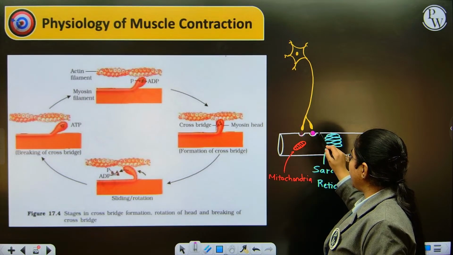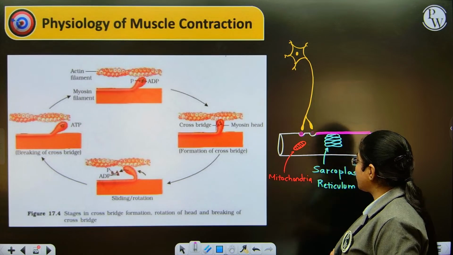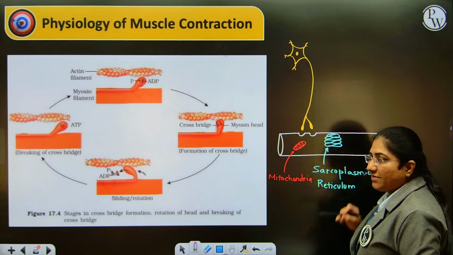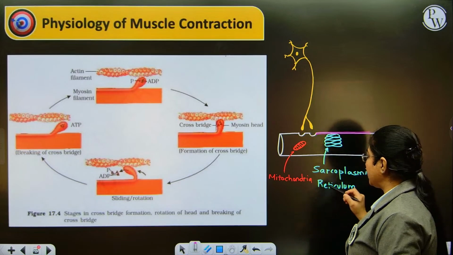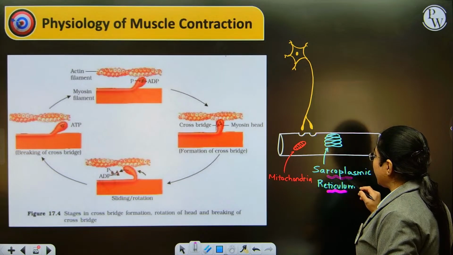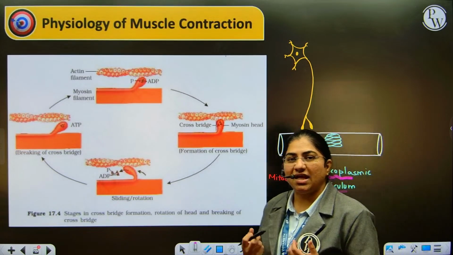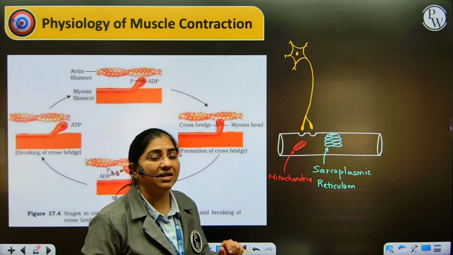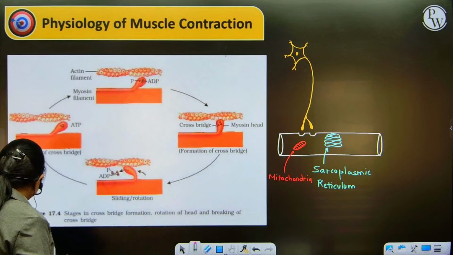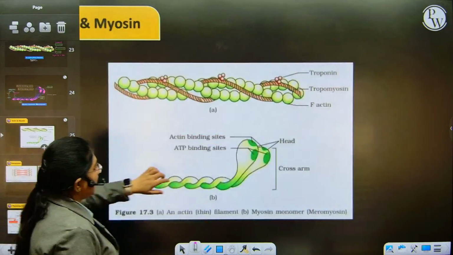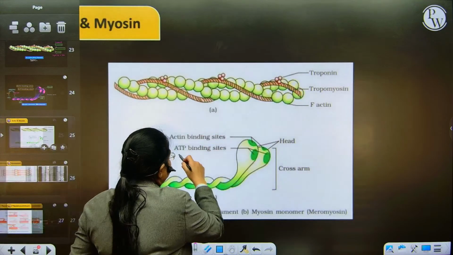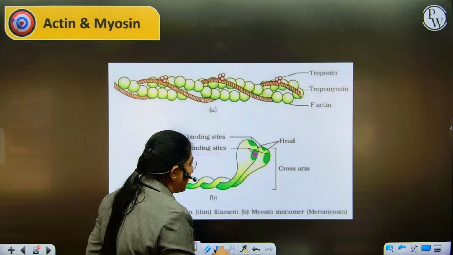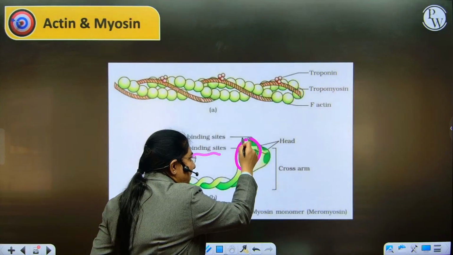Once this takes place, it causes depolarization of the muscle cell. Once depolarization of the muscle cell takes place, the sarcoplasmic reticulum, which is the storehouse of calcium, releases calcium. Simultaneously, mitochondria release ATP. Now we've studied that on the meromyosin head is the ATP binding site. So ATP comes and binds here. The globular head is an ATPase enzyme.